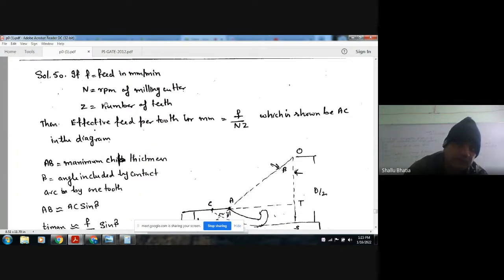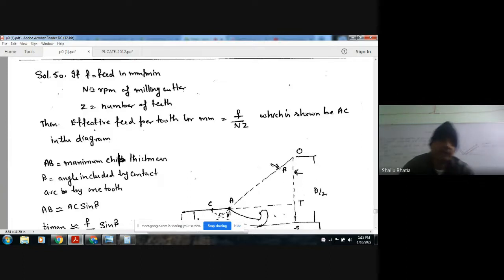And N is the RPM of the cutter, and Z is the number of teeth. If we divide this F by N, then the feed will become mm per revolution, because N is the RPM.